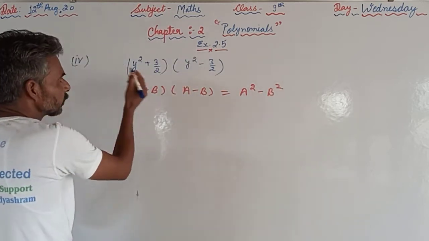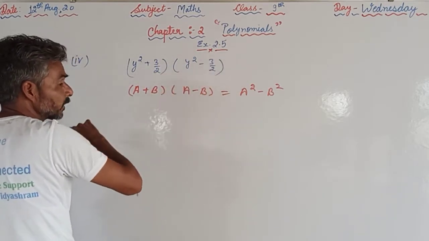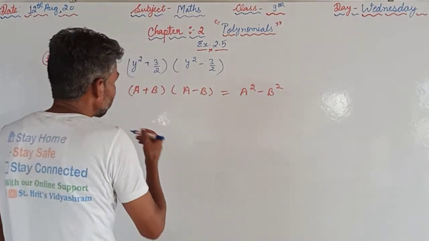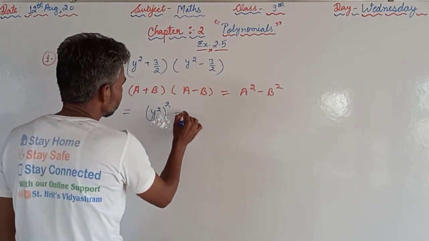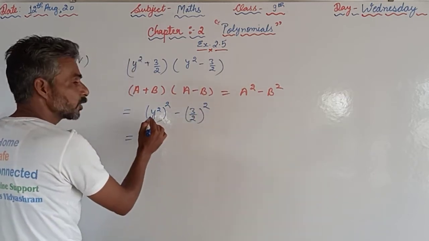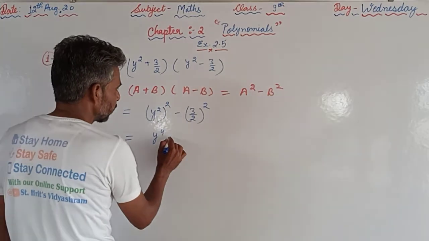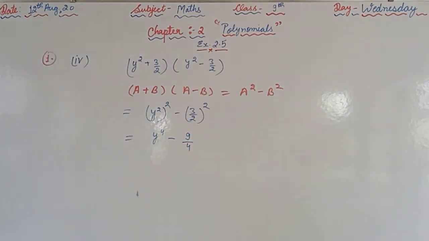Here the same terms are there, y square and 3 by 2, but in one bracket it is plus, in the second bracket it is minus. So the answer will be (y square) whole square minus (3 by 2) whole square, which means y raised to power 4 minus 9 by 4. This is the answer of this part.